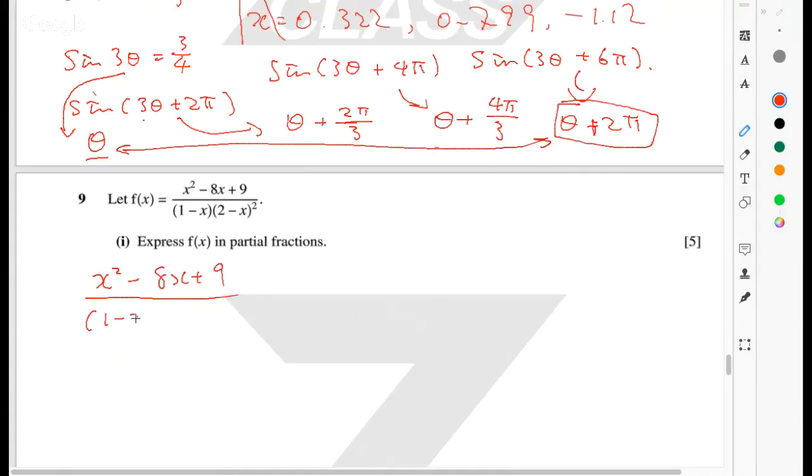So what we want is to write that as a over 1 minus x, plus b over 2 minus x, and plus c over 2 minus x squared.